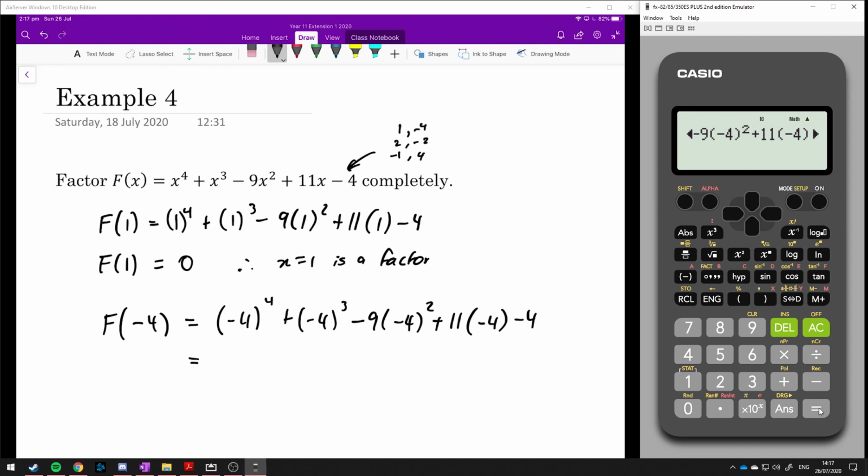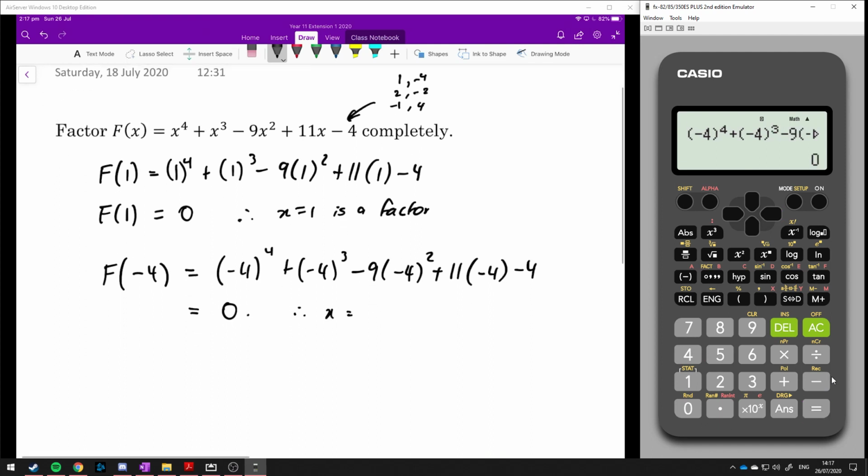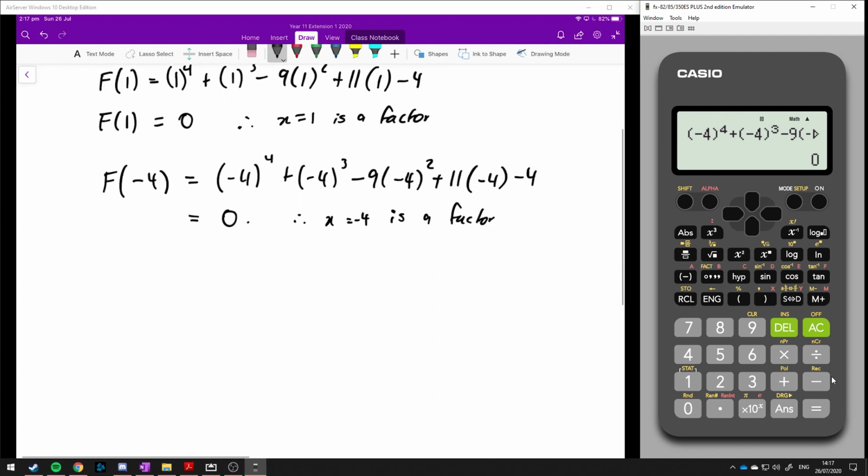Hit equals, and look at that, it's equal to 0. So therefore, x is equal to minus 4 is a factor.